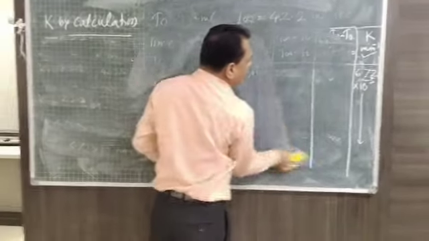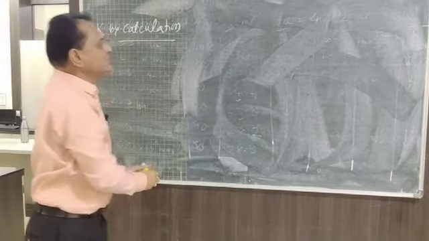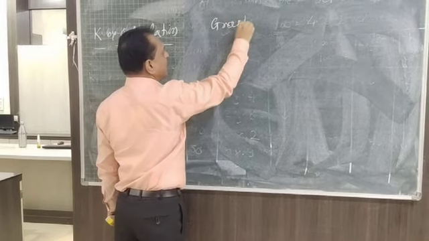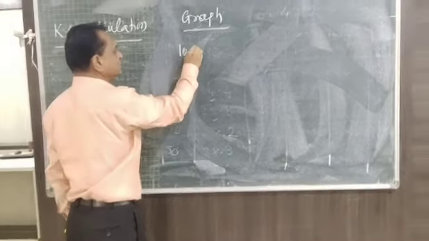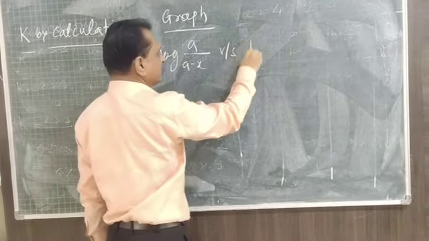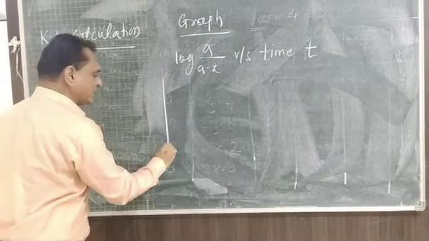Now we have to go for the graphical interpretation or graphical result. For that purpose we have to plot the graph of log of A upon A minus X versus t, that is time. So this graph is like this.